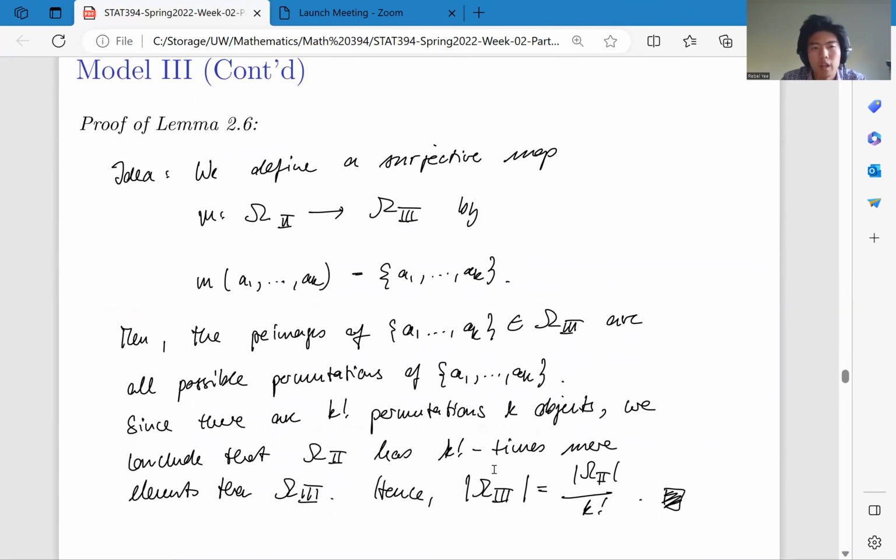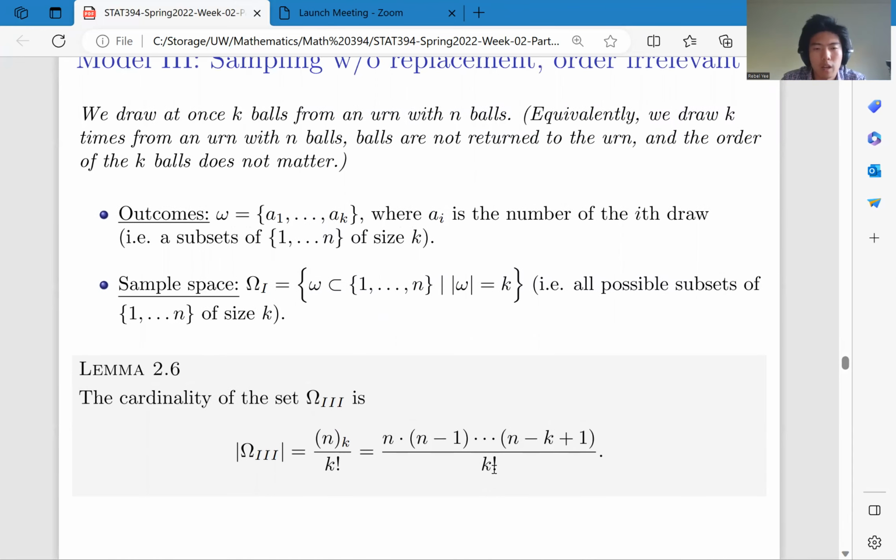We can make a proof of that. Firstly, I would like to mention a small trick in permutation. If k is the number of draws, say you draw 2 balls, you can swap them one by one.